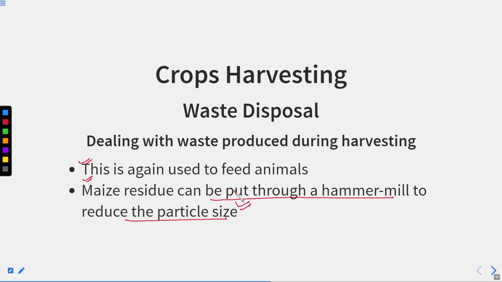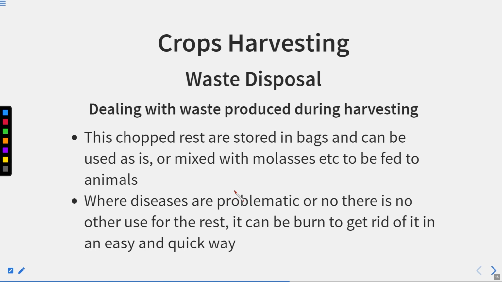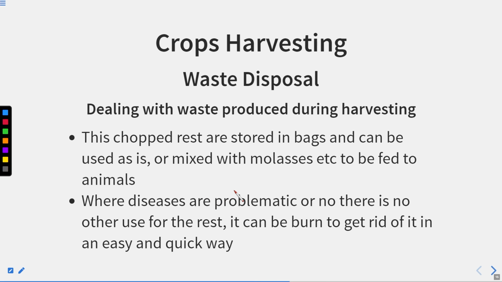Because the particle sizes are quite large, the particle size of the maize residue can be reduced by using the hammer mill. This chopped residue is stored in bags and can be used as is or mixed with molasses, etc., to feed to the animals.